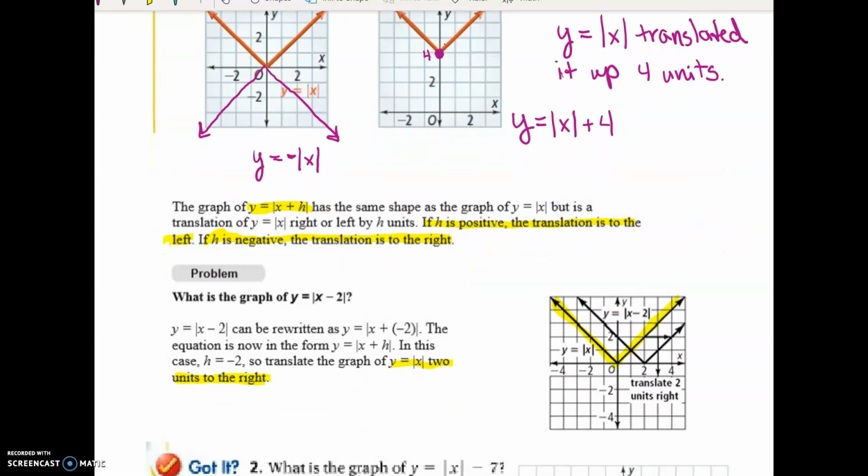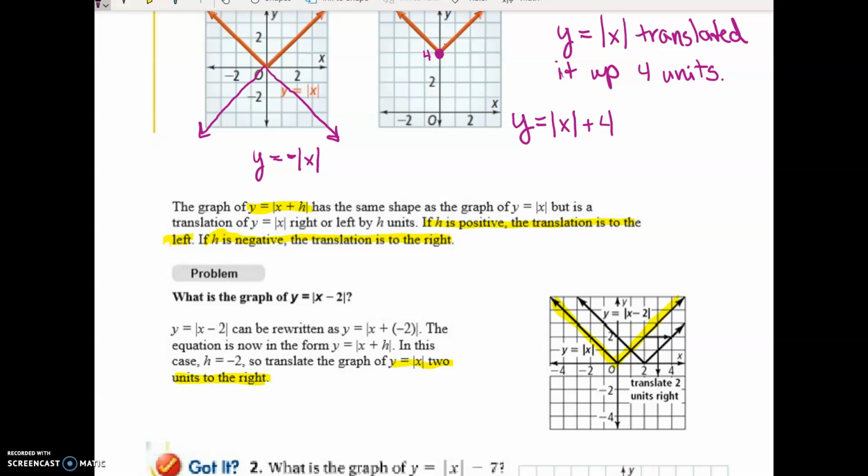We can see the graph of this type of equation where we now have the plus h inside the bars, those absolute value bars. It also has the same shape, but now it's going to be a translation to the right or the left.